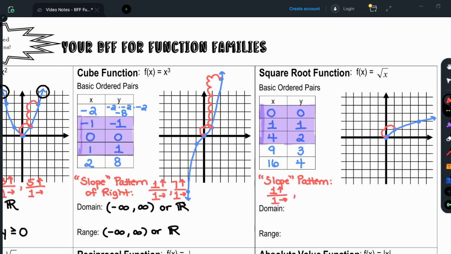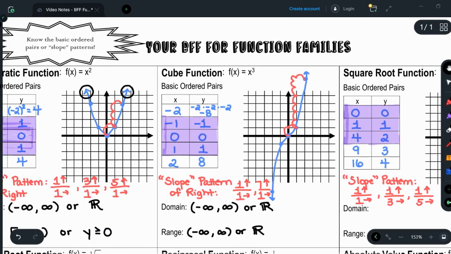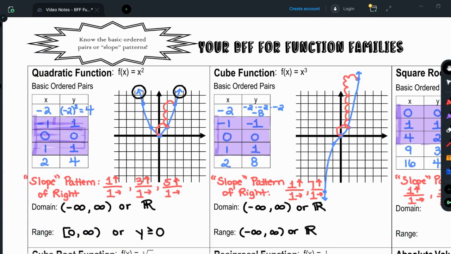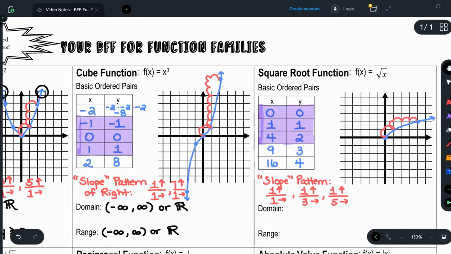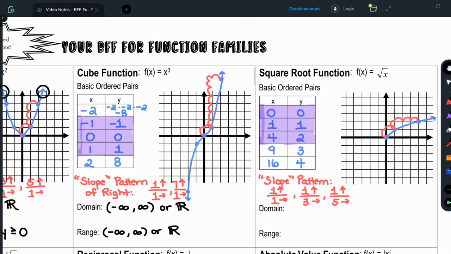And then my next pattern is going up 1, but over 3. And then after that, I would have up 1 over 5. The cool thing is this is very similar to my slope pattern of the quadratic over here.